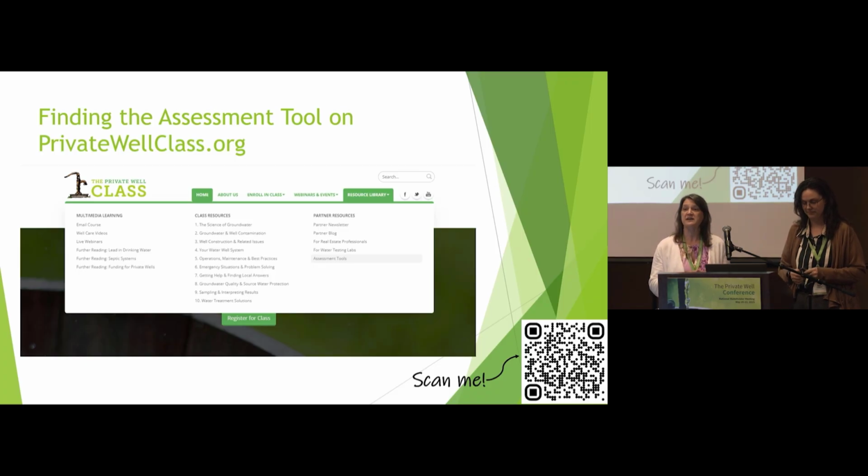Those tools are divided up into 14 sections. So it covers everything from homeowner information to the location of the system, to the landscape, the geology, and then it also has where you can do recommendations and do a drawing if one doesn't already exist.